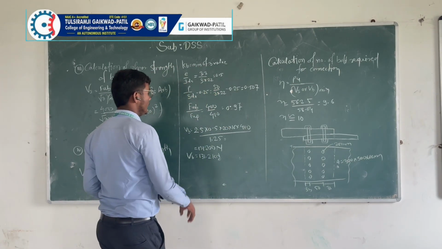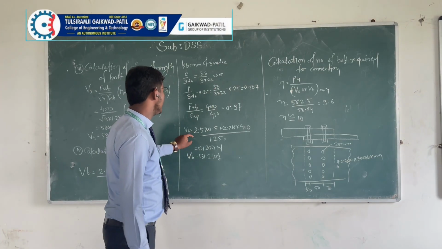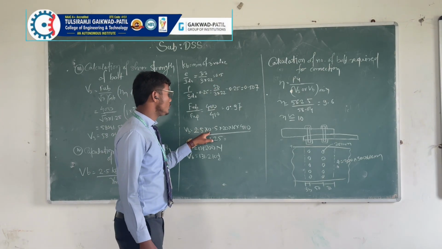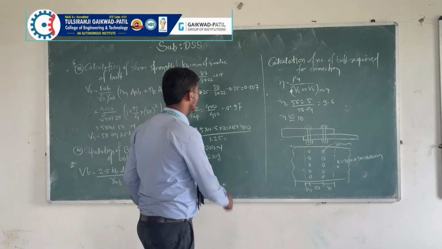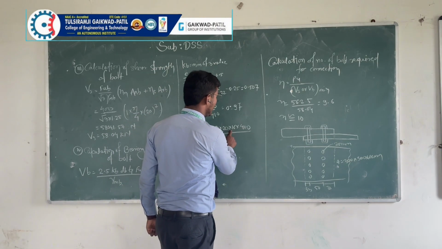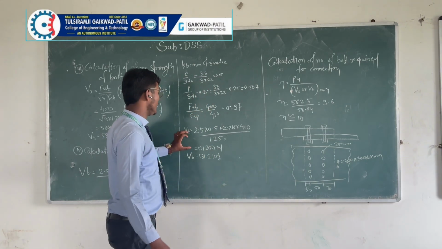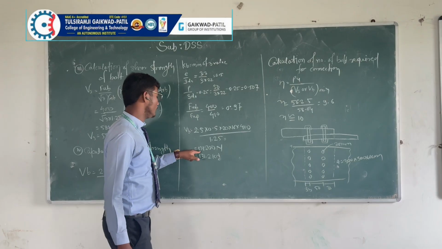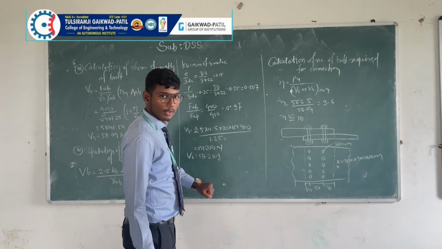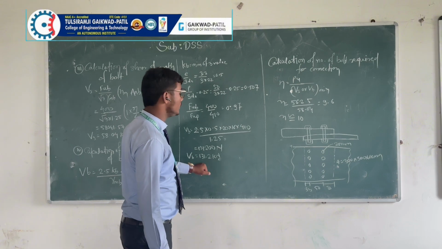The lowest value is 0.5. We have Vb is equal to 2.5 into 0.5 into 20 into 16 into 410 divided by 1.5. We calculate the value as 131200 Newton. Then Vb is equal to 131.2 kilonewton.